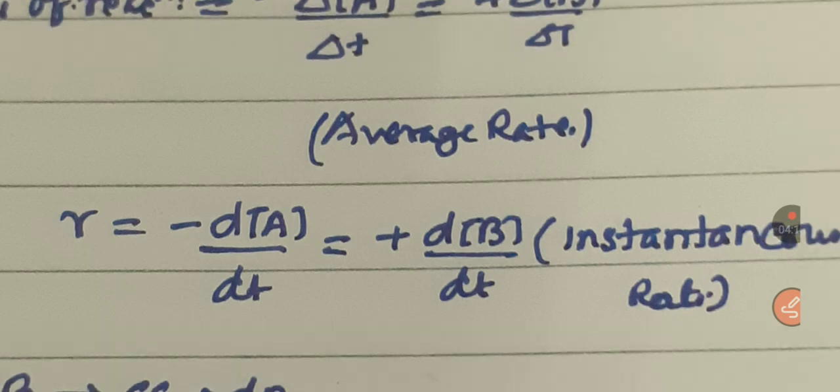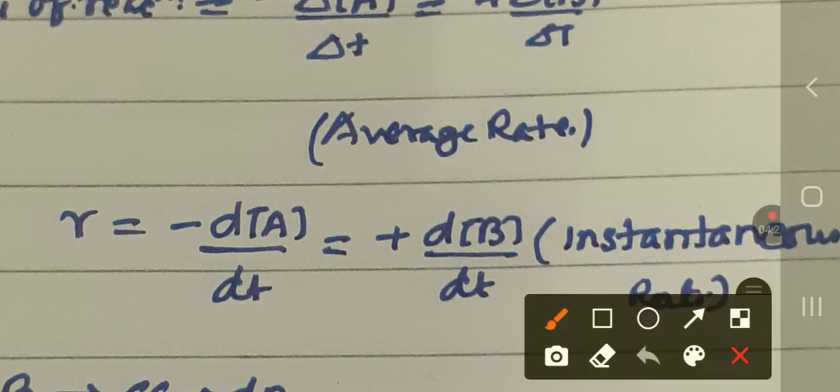R equal to minus d concentration of A by dt equal to plus d concentration of B by dt. This is called instantaneous rate.